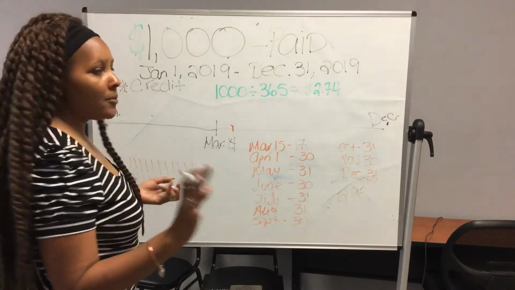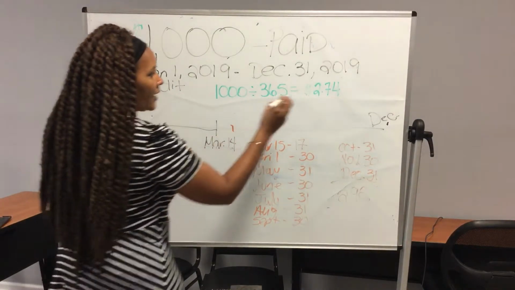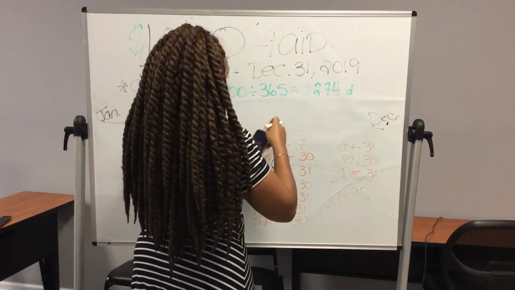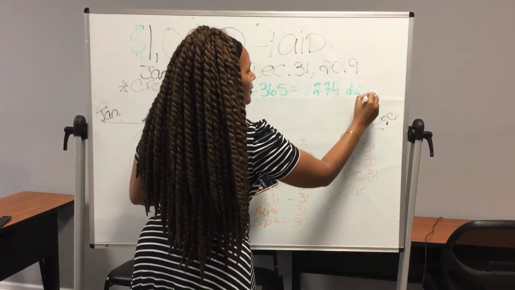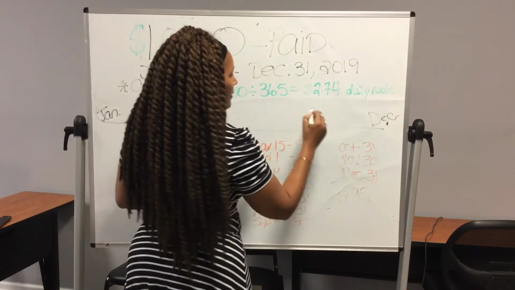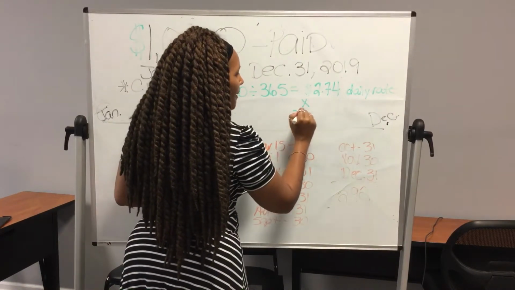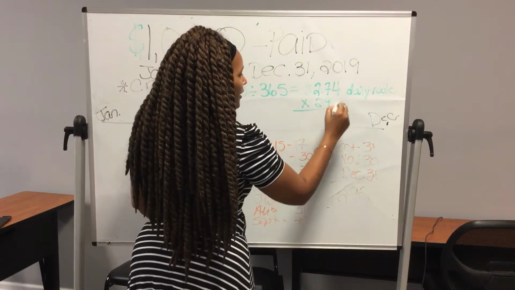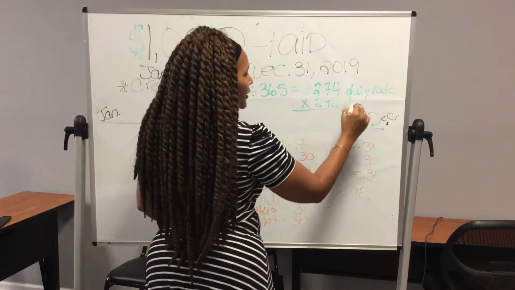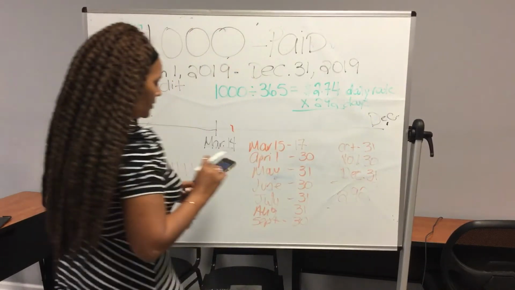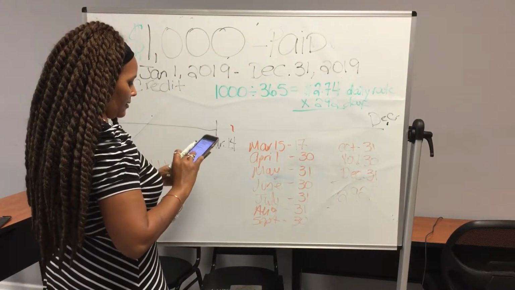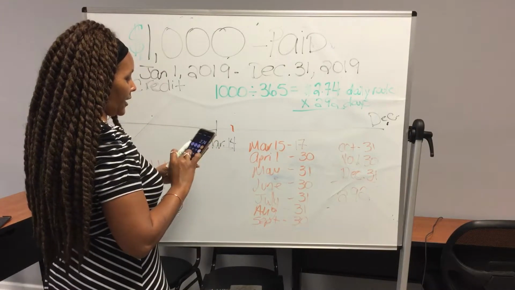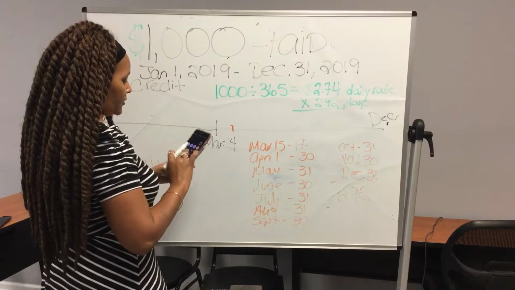So to find out how much we owe the seller, we're going to take our daily rate. And we're going to multiply that by the number of days, which we determine here. It's 292 days. Okay? So we have $2.74 times 292 days.